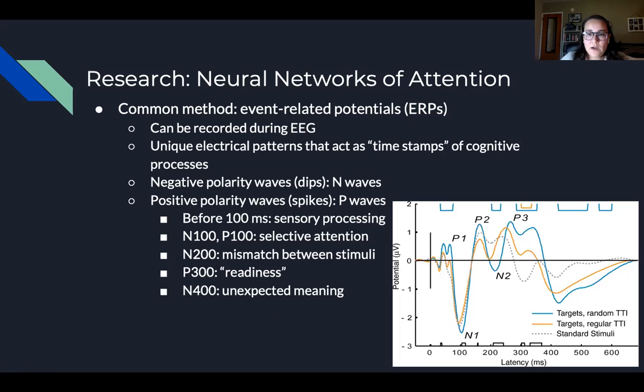This is the part where the sensory input is online and it's being taken into the brain from whatever sensory system of the body, taste, smell, whatever the case might be. The waves that happen after this portion are no longer involved in sensation. The things that happen after 100 milliseconds are when perception and higher cognitive processes are coming online, such as attention.